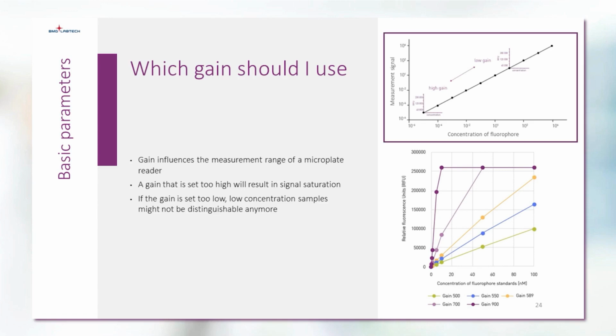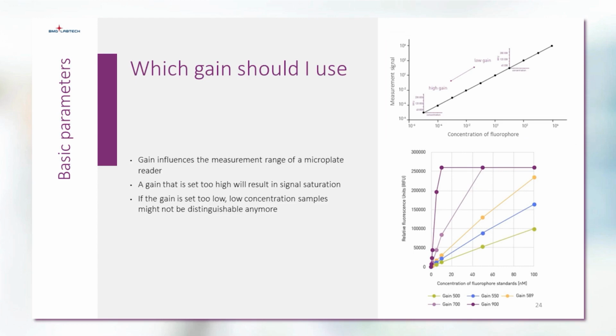Simply put, a high gain will amplify the incoming signal to a greater extent and is thus suitable for samples with low signal intensities, while a low gain will amplify the incoming signal to a lower extent. Thus, it is very important to set the gain appropriately.